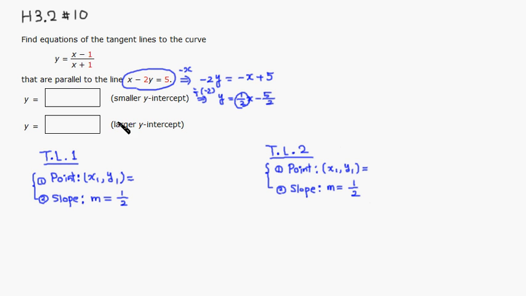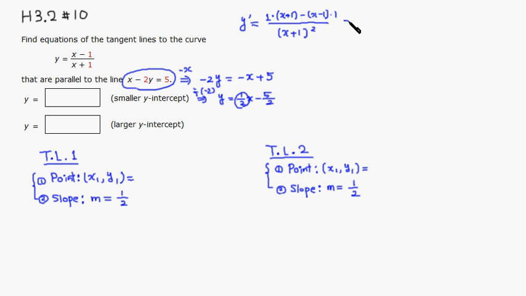So we need to take the derivative of the given curve. So y prime is equal to, using the quotient rule, the derivative of the top, which is 1, times the bottom, which is x plus 1, minus the top, x minus 1, times the derivative of the bottom, which is just 1, all over x plus 1 squared.